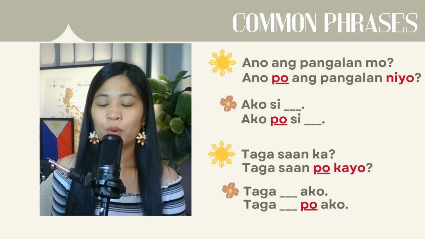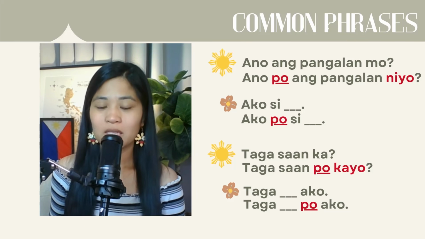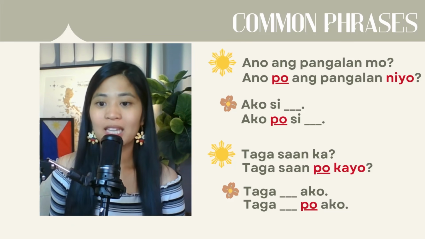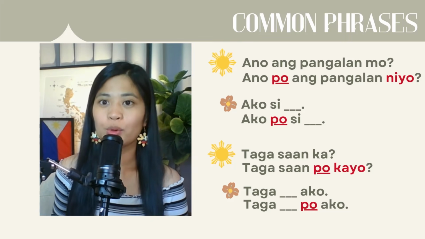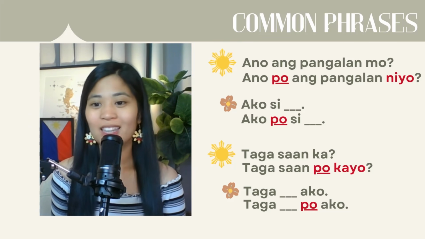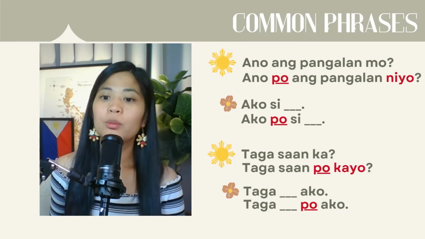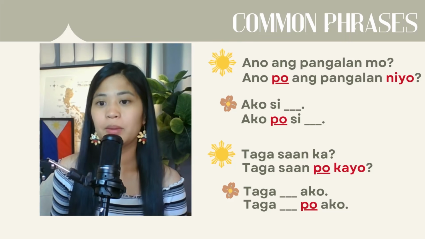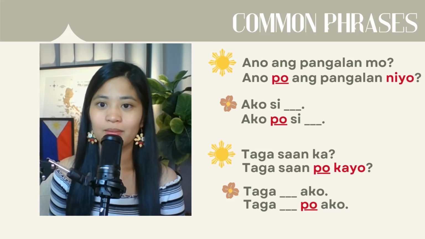So in this case, po is the third word, so it doesn't really fall into any of the categories that we learned earlier. But when in doubt, you can always add po to the end. Taga Manila ako po. That will also work. In fact, when I was a kid, that's what I was taught. Just always add po to the end of anything you say. The more you hear people speaking Tagalog, you'll catch on to where po typically goes. You'll hear the flow of the sentence, and you'll learn where po might and might not go.